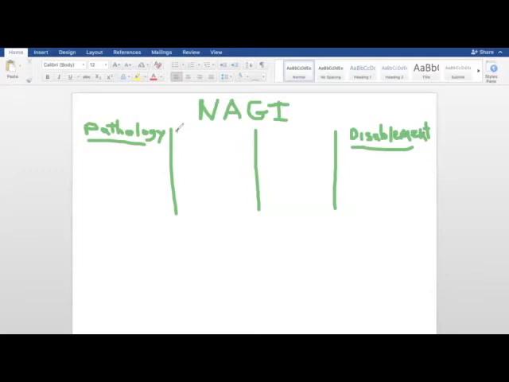All right, so the next stage here, if I can draw it effectively in that amount of space, is an impairment. And then the next level here is called dysfunction.